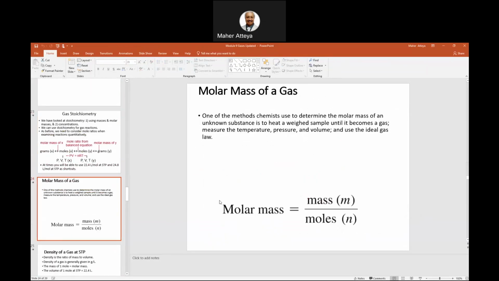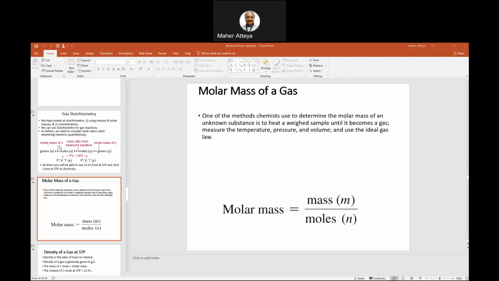Now, molar mass. Well, we said the mole is the ratio between mass and molar mass, correct? Let me write it here for you so you remember that.